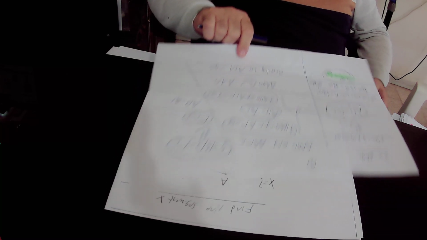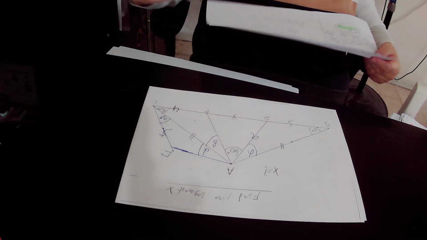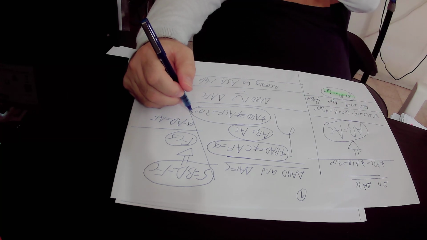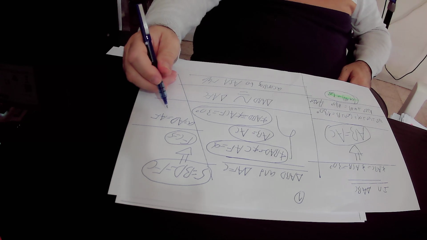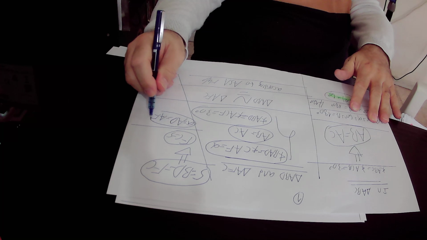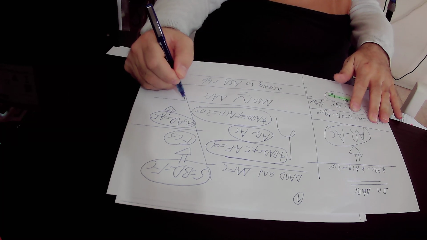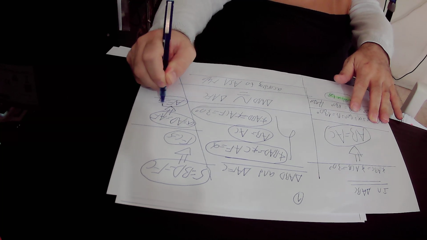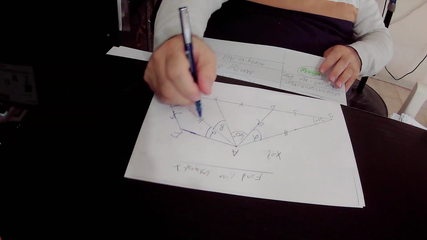So if we define side AD as A, then from this equation A equals AD equals AF, we derive that side AF is also equal to A. Okay, here side AF is also equal to A.